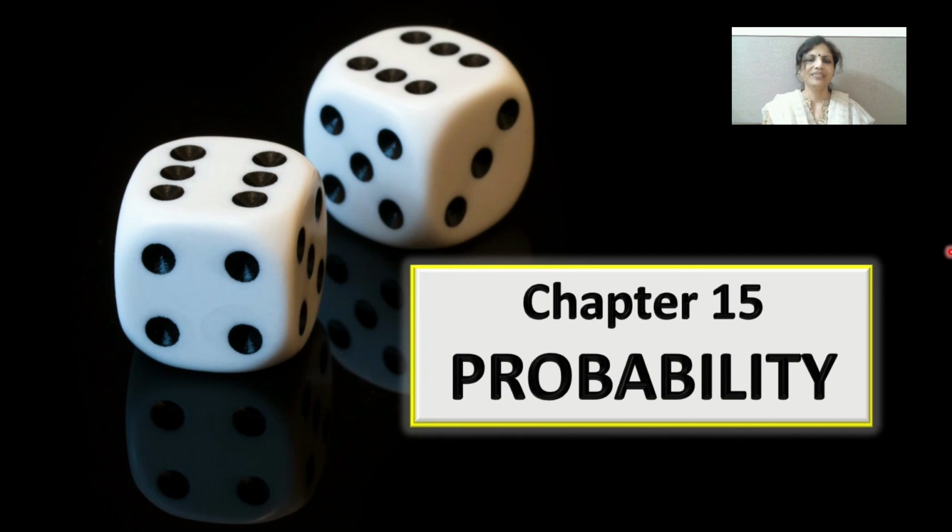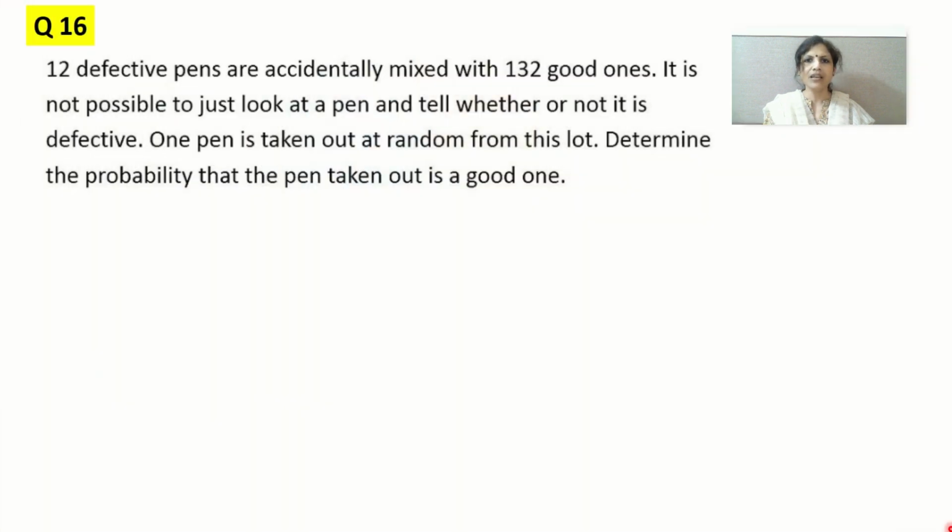Hello children, from chapter number 15 probability, we have already started solving the sums from exercise 15.1 and moving ahead with the next sum. This is question number 16 from exercise 15.1. The sum is: 12 defective pens are accidentally mixed with 132 good ones.